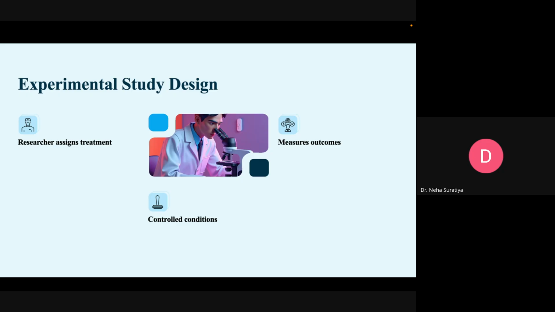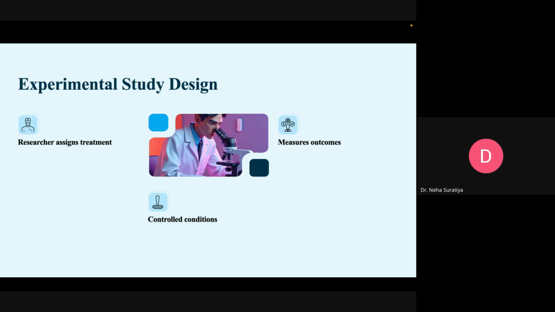Researchers assign the treatment or interventions, unlike observational studies, where researchers are only going to observe the things. Here, the investigator controls what participants will receive, while in observation, there will be no control over it. You will only be seeing it and observing it.